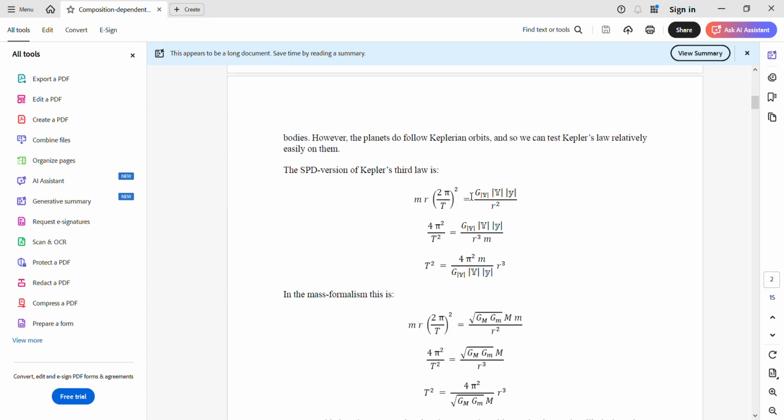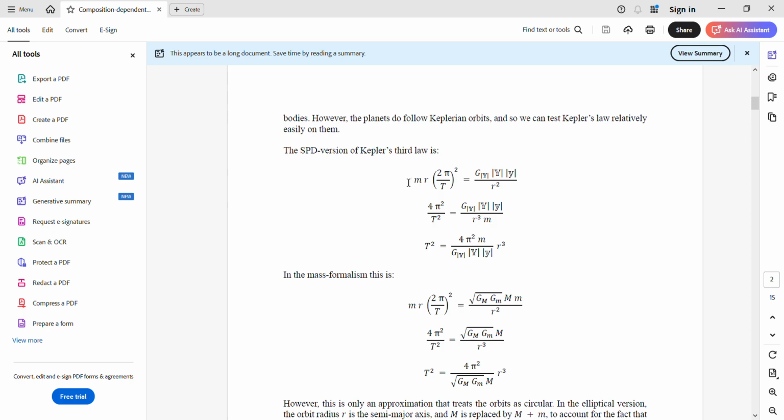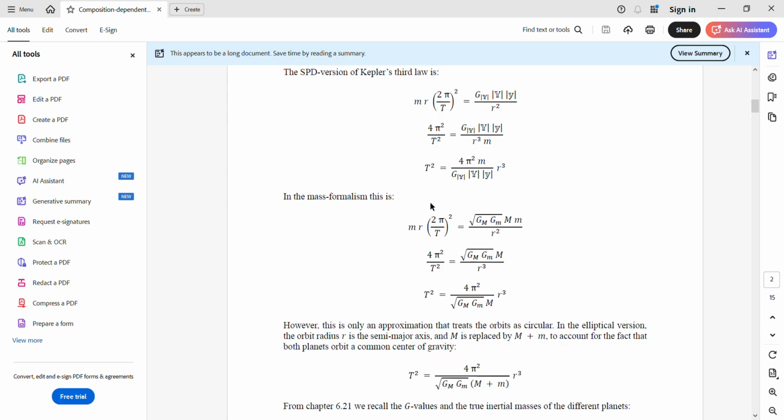So if the equivalence principle is wrong, a lot of math looks a bit different. So when you do Kepler's law, let's look at the mass formalism. When you take m over there, it cancels. In the mass formula, it cancels out, but its contribution to the g value is still there.